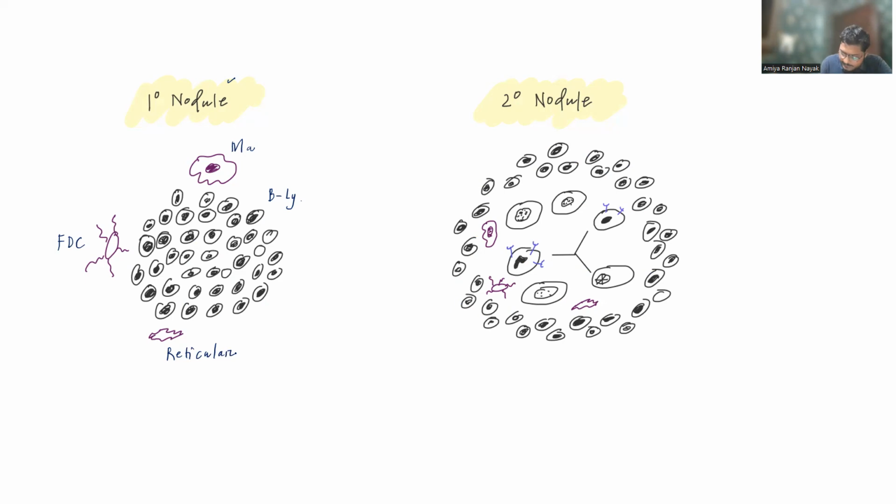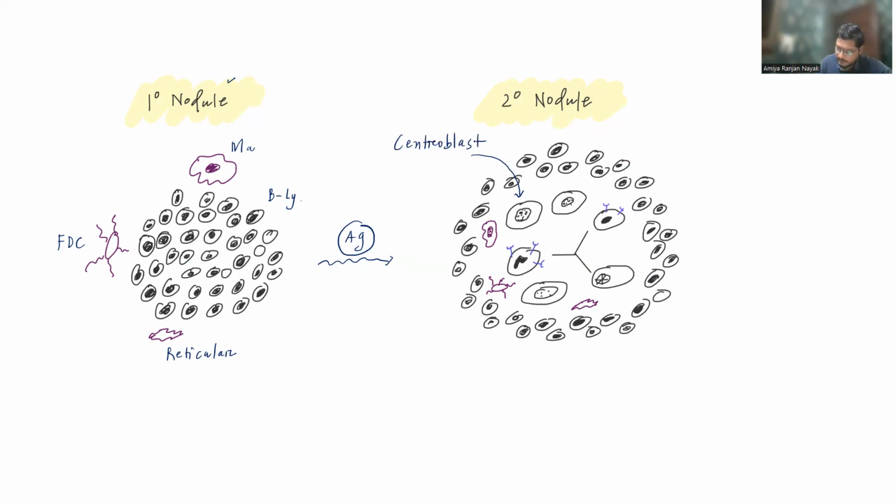What happens when there is exposure to antigen? There will be activation of the B lymphocytes. So in the germinal center, we will find the activated B lymphocytes. These activated B lymphocytes are divided into centroblasts. You can see here, this is a centroblast.